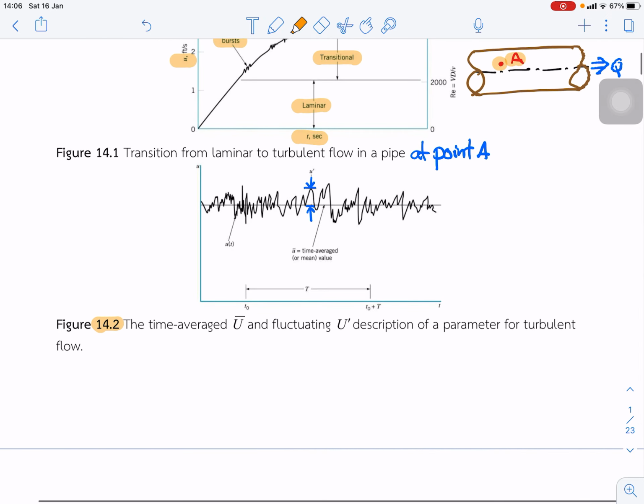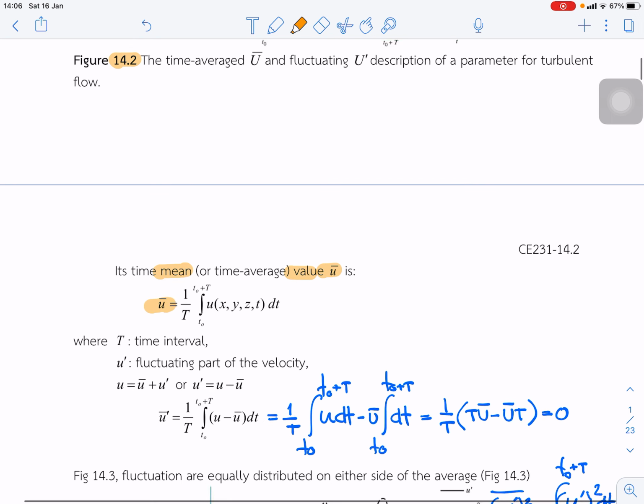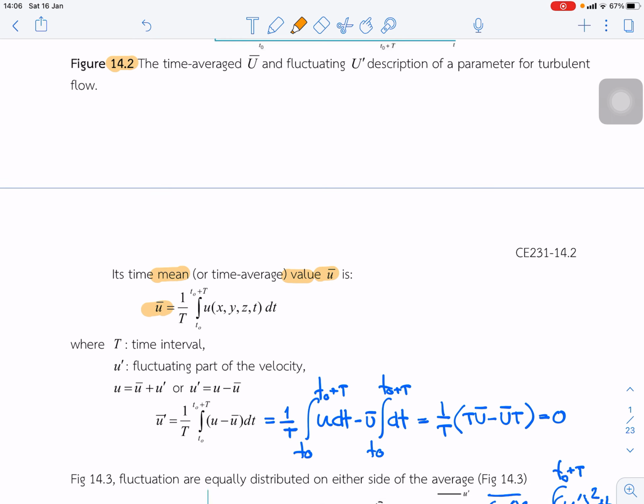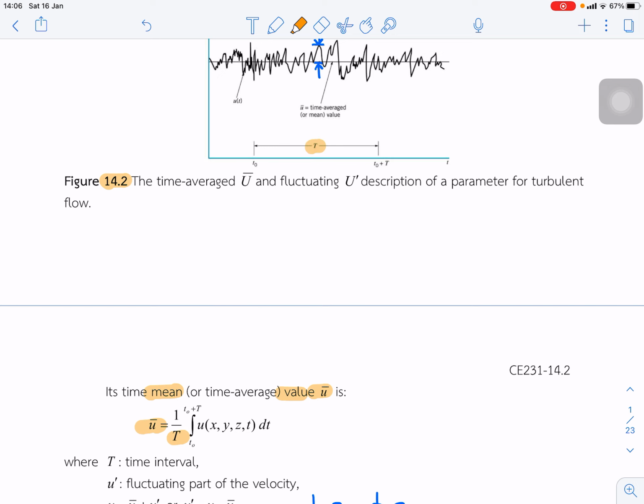In this case, we want to find the mean. The time mean value u bar is the average of u over t, where T is the duration we consider.